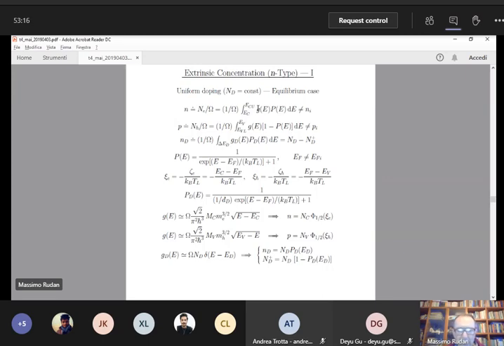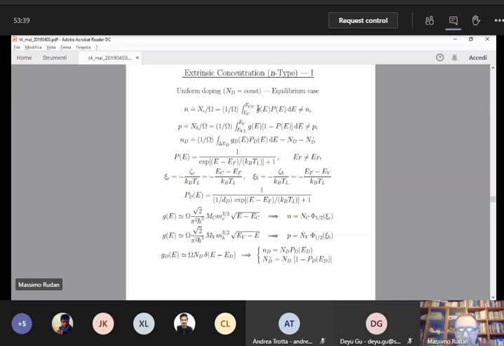involved in this calculation. You also remember that when you calculate a Fermi integral, okay, its value depends on the parameter that is the Fermi level, okay, because the Fermi statistics embeds the Fermi level in it, okay?